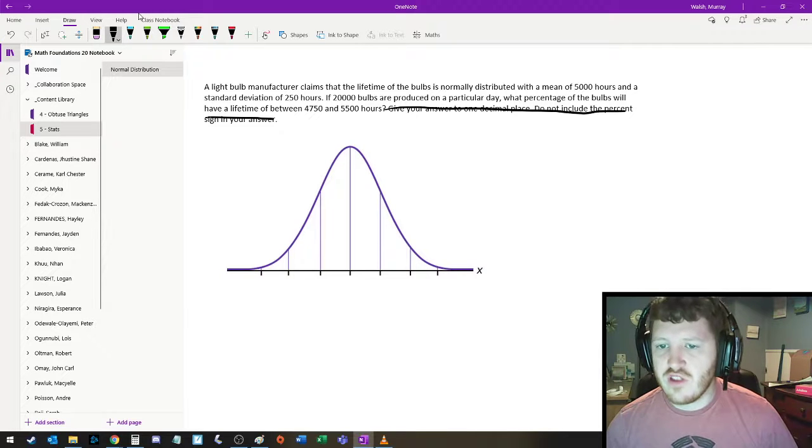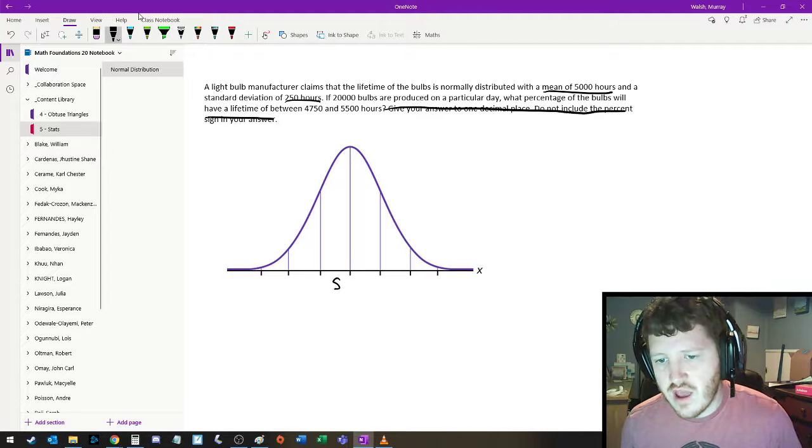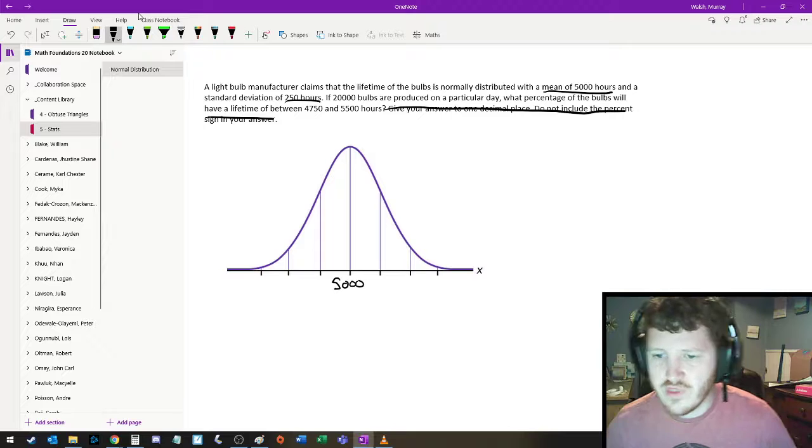We'll start by filling in our chart with our average and our standard deviation. So it's an average of 5,000 hours and a standard deviation of 250, so we'll step up by increments of 250.